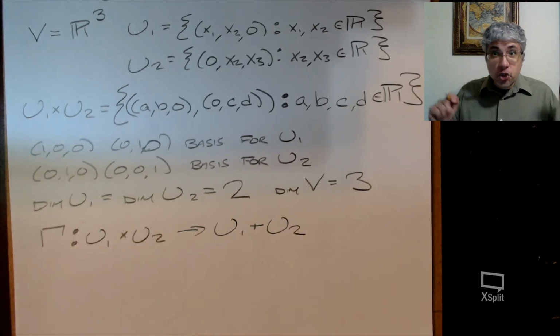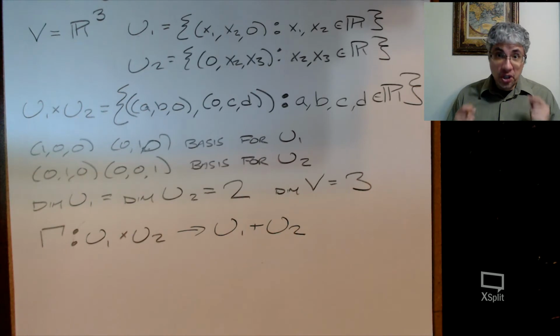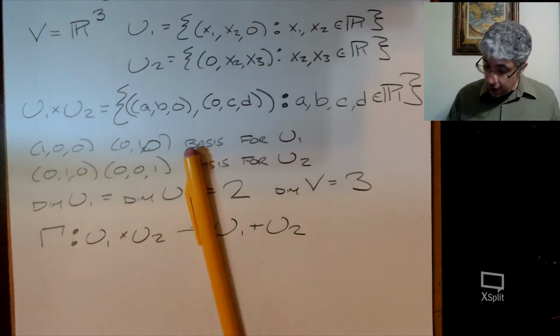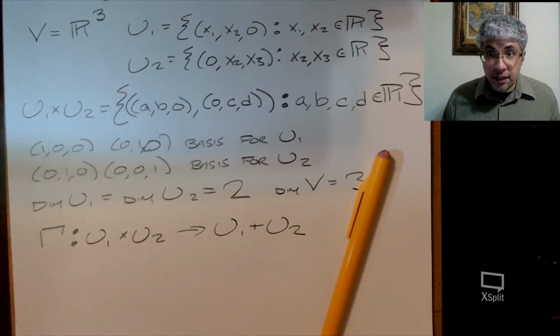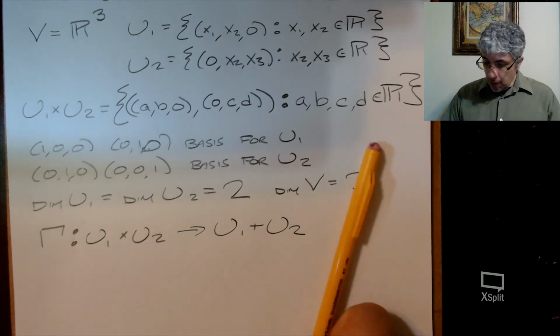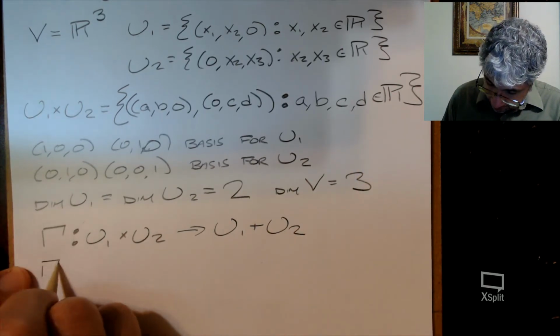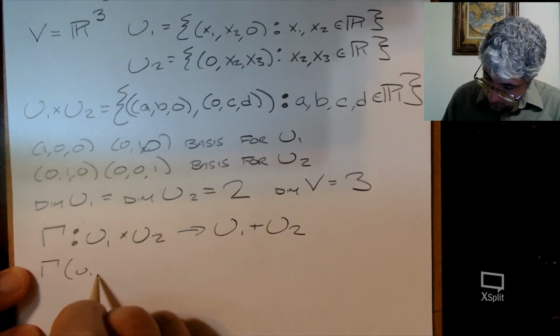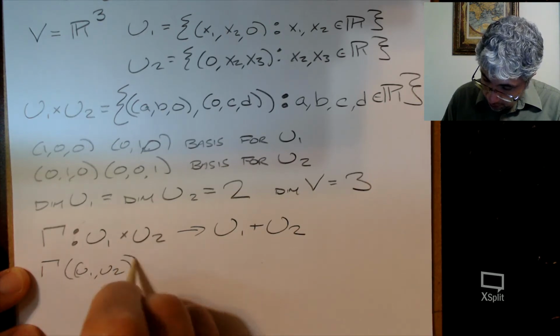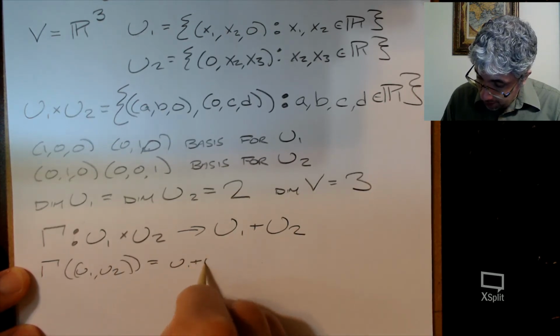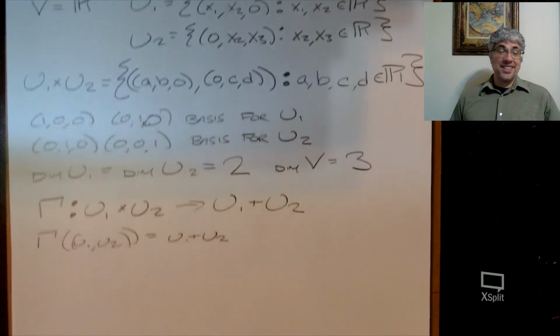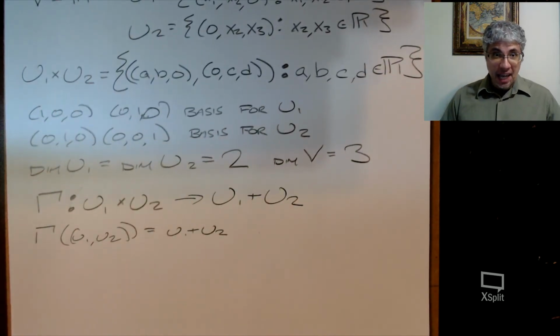So I want to travel from the product to the sum. Okay, but I want to define this carefully. So I am going to let gamma of (U1, U2) be, well, what might be the simplest idea is just add them together.